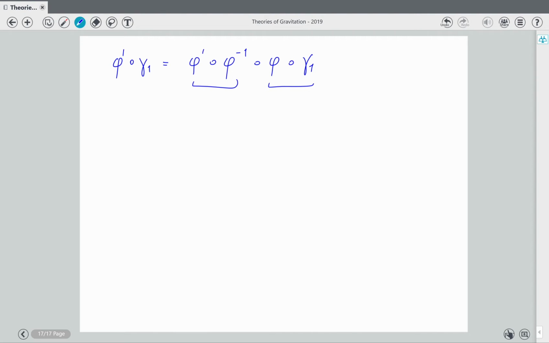This is the change of coordinates, and this is the first curve in the first coordinate system. This is the first curve in the second coordinate system.